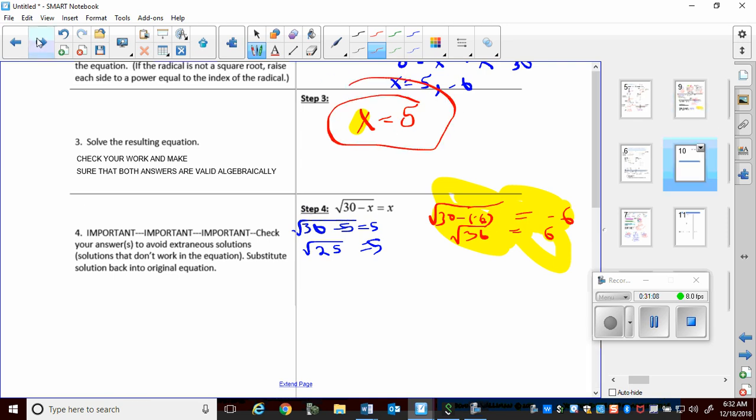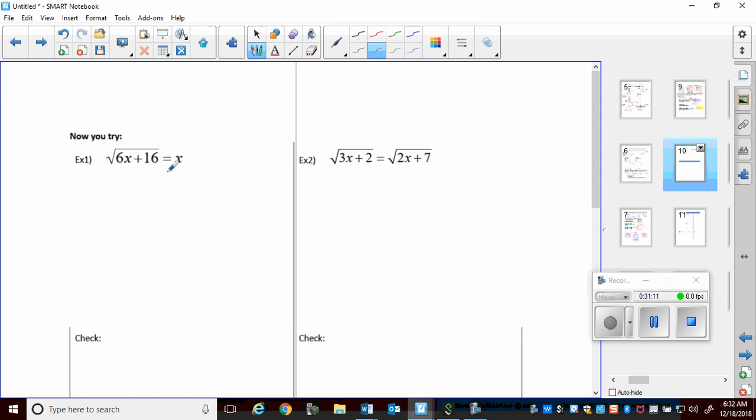So I'm going to do one more so we're clear about that. We're squaring on both sides, and I get 6x plus 16 equals x squared. And remember, if I'm moving something to the other side of the equal sign, it just changes signs.